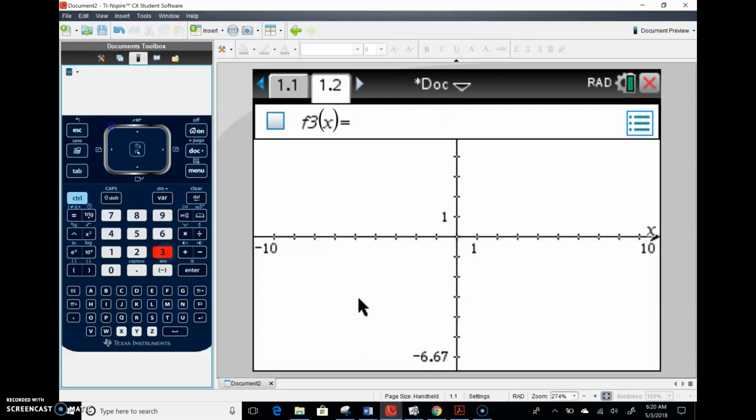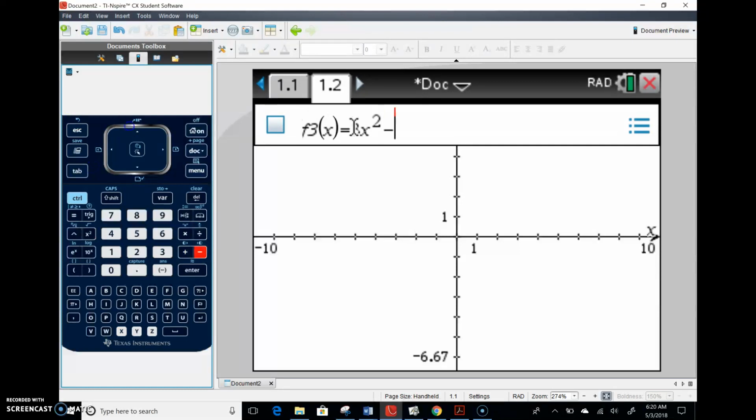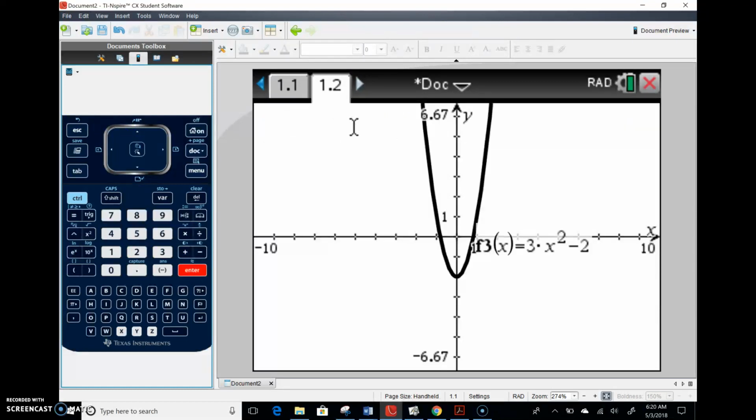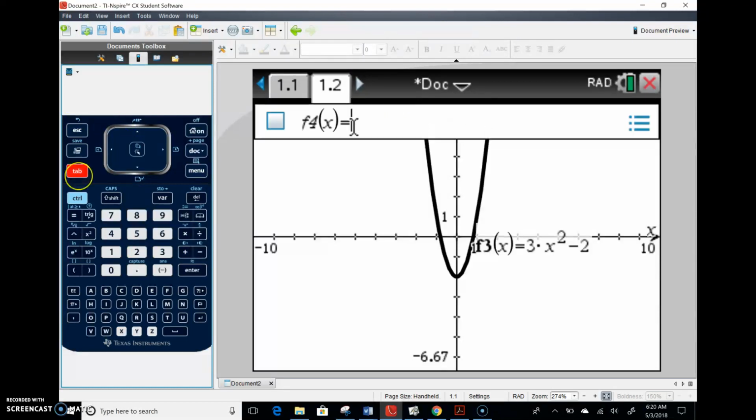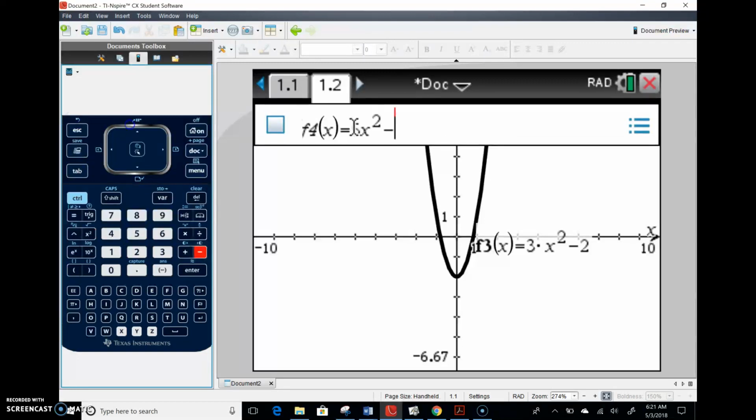3x squared minus 2, enter. Remember they said you change that 3, so I'm going to say 5x squared minus 2.